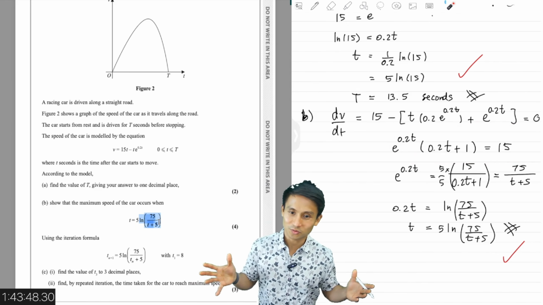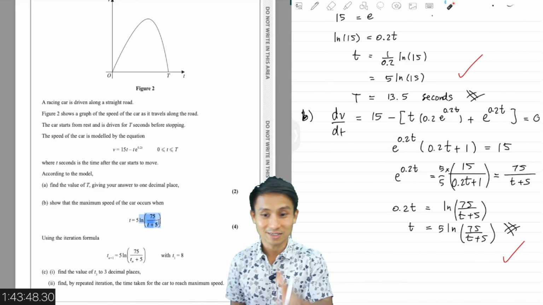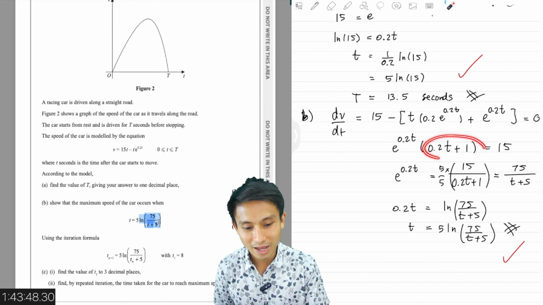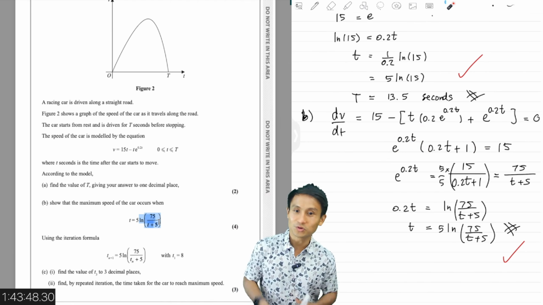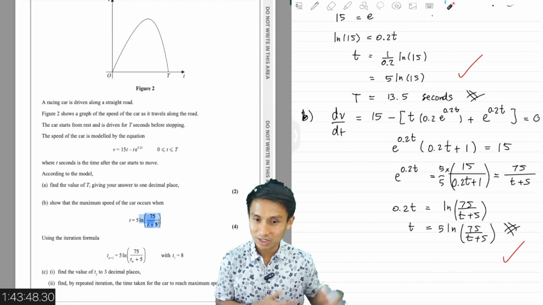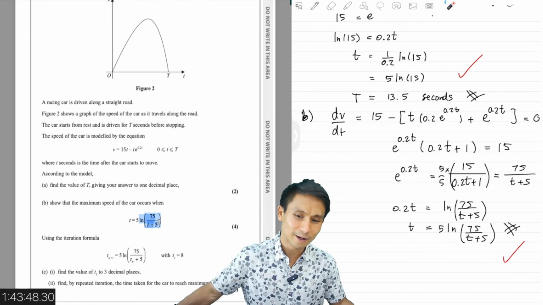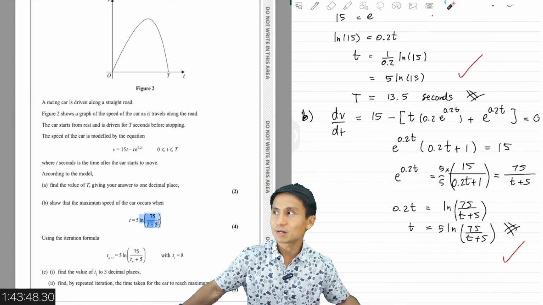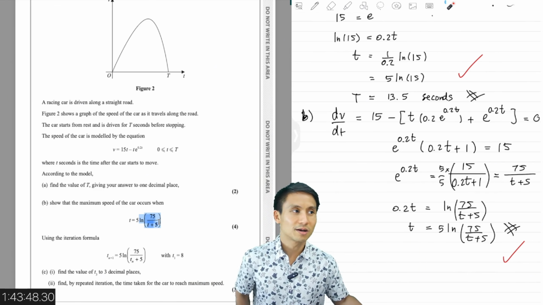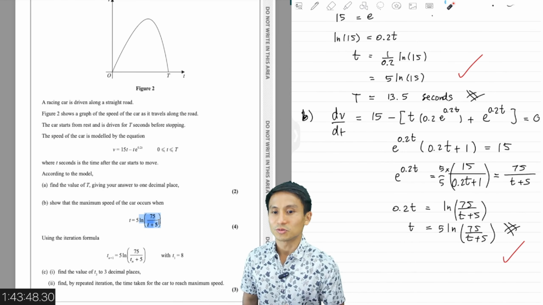I didn't know what to do. So basically, because there was an ln, I have to make this thing the subject, so that I can do the ln there, like the reverse operation, moving to the other side, and then things just worked out fine. Yeah. So sometimes in a proof question, you don't need to know what to do.